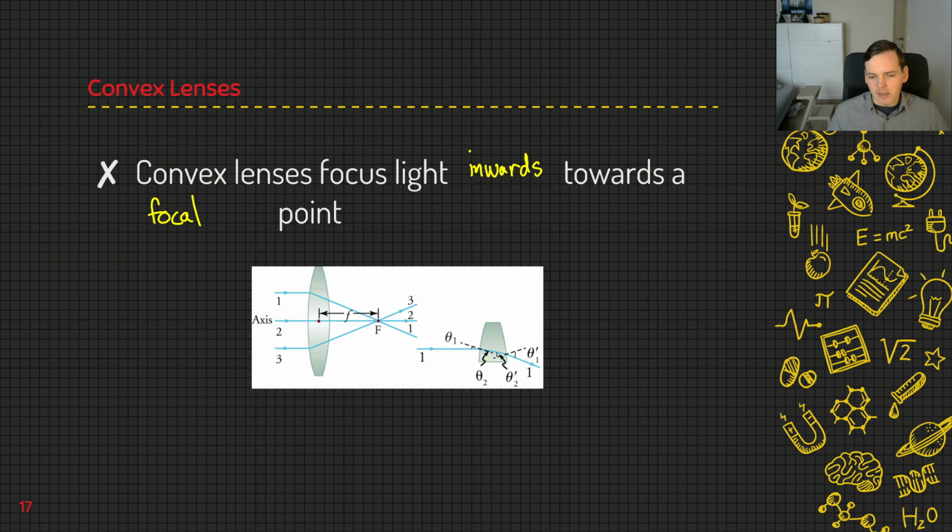You'll do a concept development sheet related to this, but basically, when a ray goes in on one side, because the normal line is perpendicular to the surface, it gets bent toward the perpendicular line, and then because the other surface is bent in a different way, it gets bent away from that perpendicular line, and so it gets bent further inwards. As a result, anything towards the edges gets bent inwards more, anything towards the center gets bent inwards less, and everything focuses on that focal point.